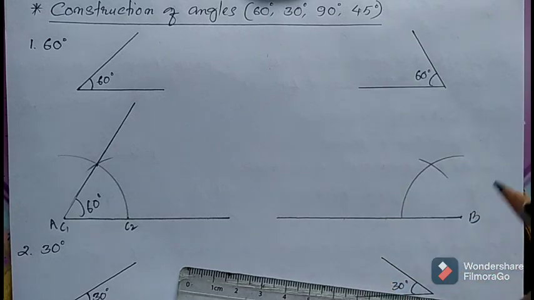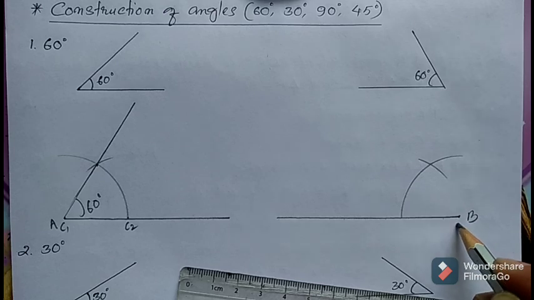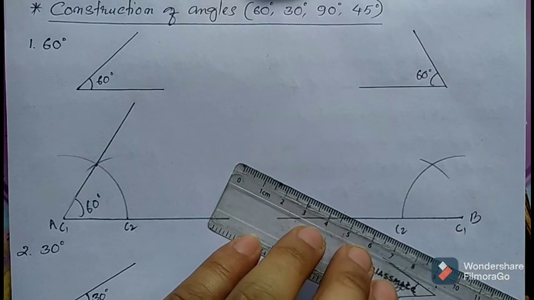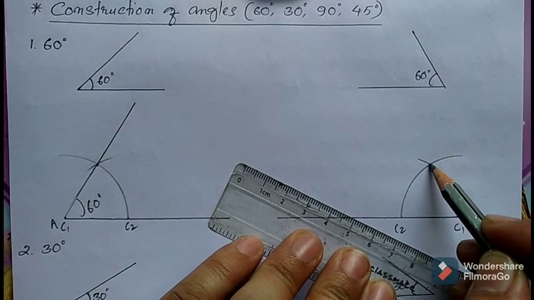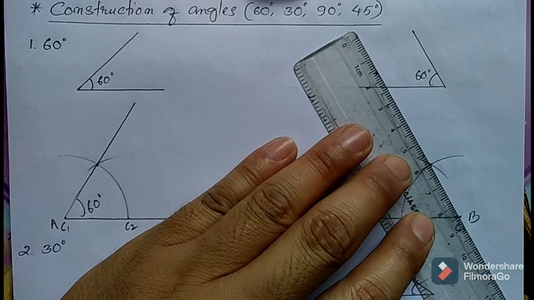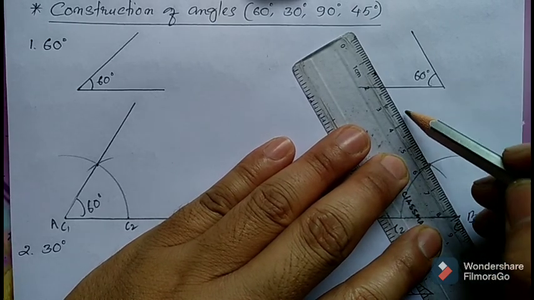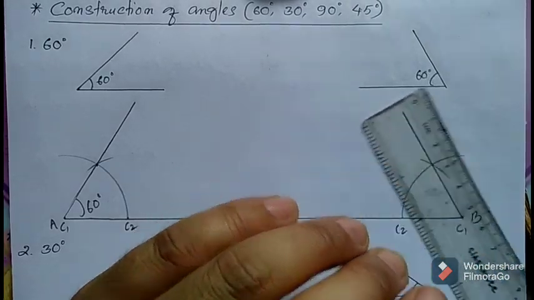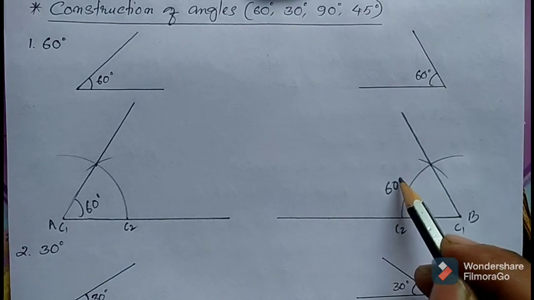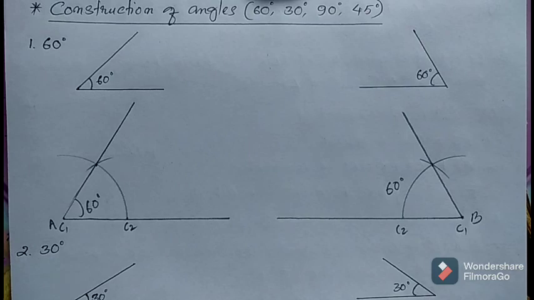Here you can see two arcs, drawn taking two points as centers, so this is the first center and this is the second center. Again, we join the point of intersection of the two arcs with the first center. Then we get an angle which is 60 degree. This angle is also 60 degree. This is how we construct 60 degree using a compass.